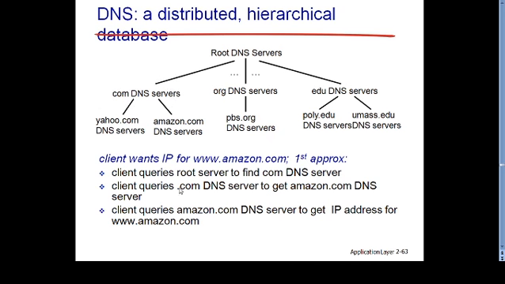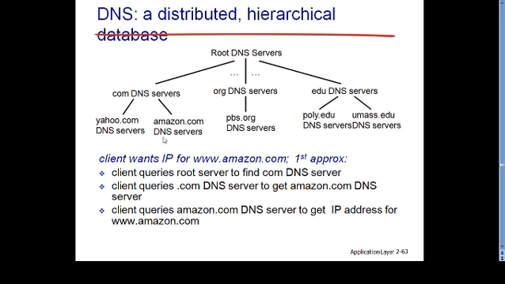Then the client queries the .com server to get the amazon.com DNS server. Once you get the IP address of that server, you request it to get you the IP address of the server where you get the actual mapping.